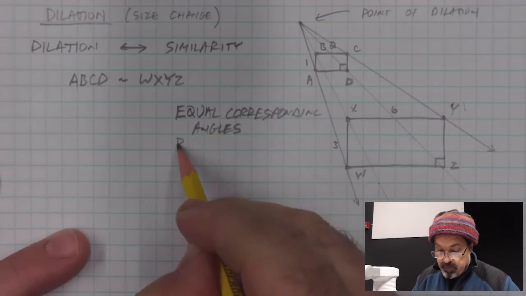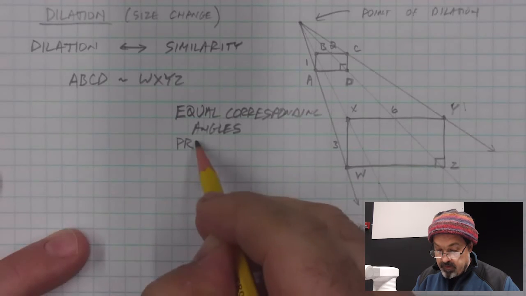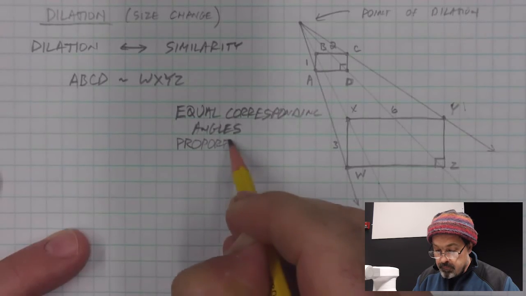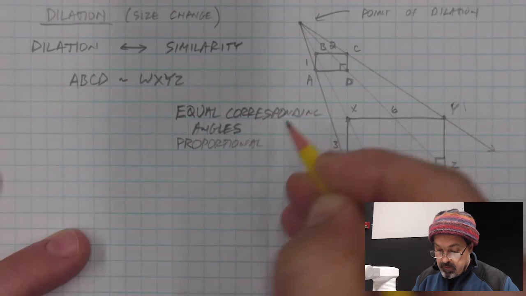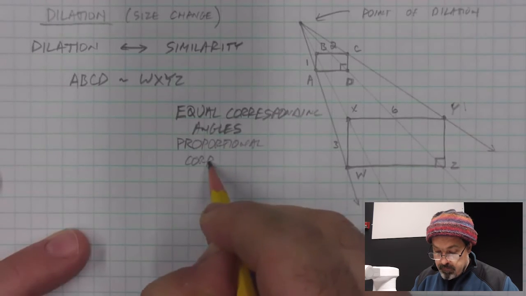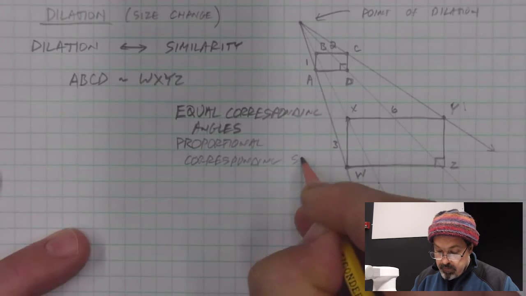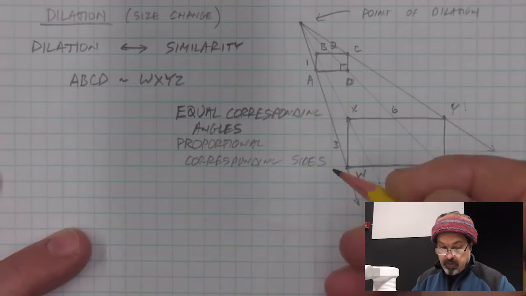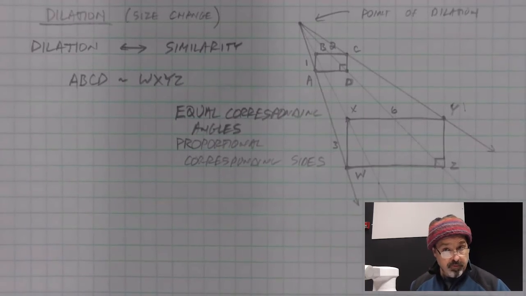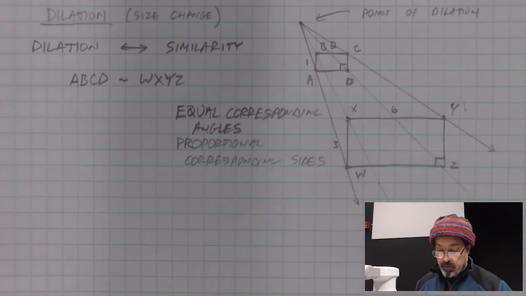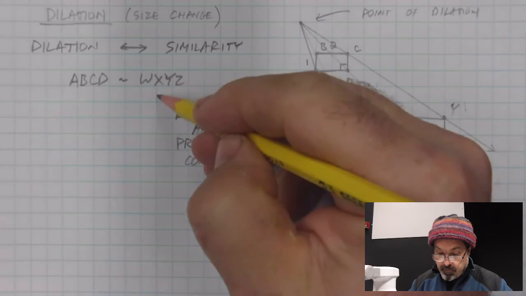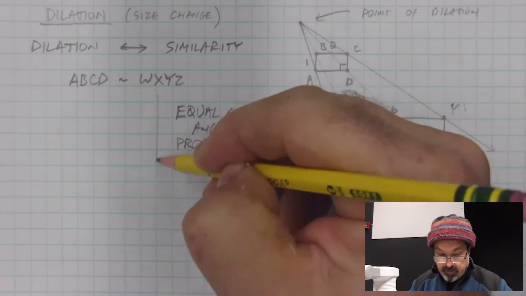Similarity also means that they have proportional corresponding sides. Which means that we can set up a proportion, ratios that are equal to one another, with the side measures, and we'll do that. But let's also talk about the mathematics of dilation.